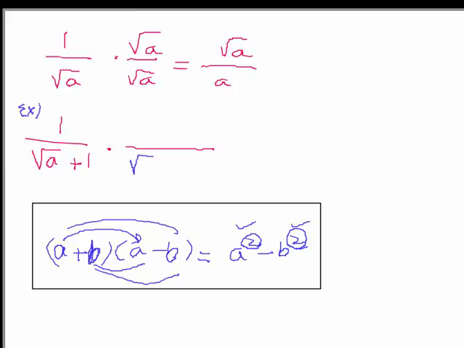It would be radical a. If it's plus 1, we put the conjugate. What are you going to put here? The opposite of that number. What's that? It's plus 1. You would put what? Minus.